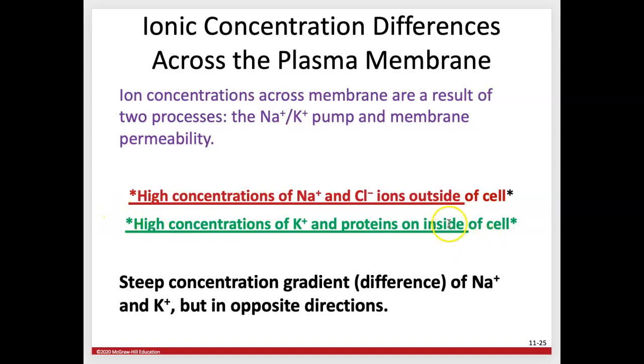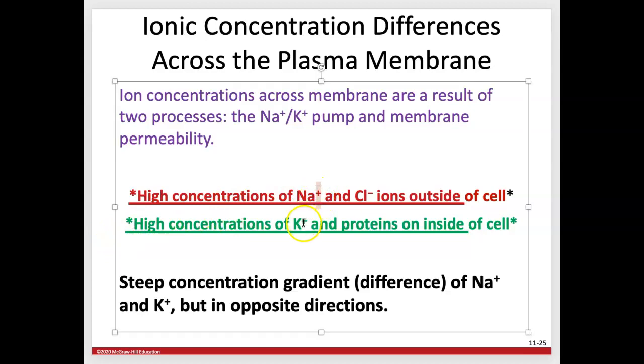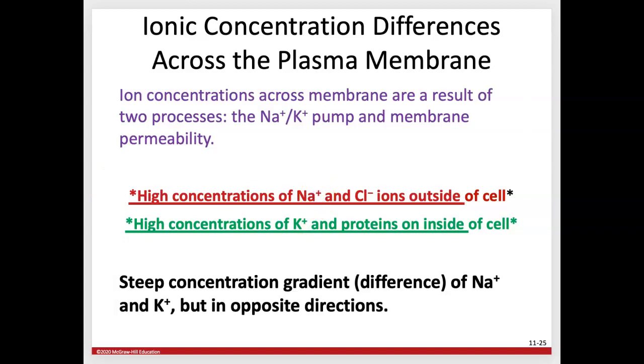Inside of the cell, there are high concentrations of potassium and proteins. And these proteins are actually negatively charged, but we'll get to that as we go. So very high sodium outside, very high potassium inside. And the interesting thing here is that these are both positively charged. These are the things that we talked about a little bit when we talked about muscles.